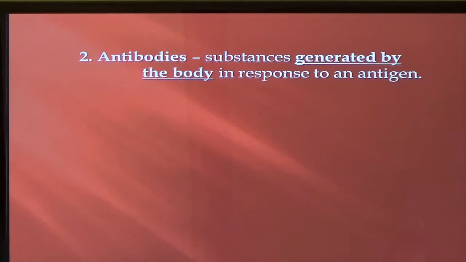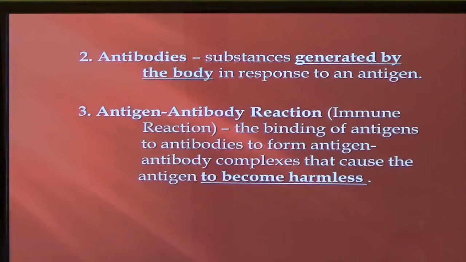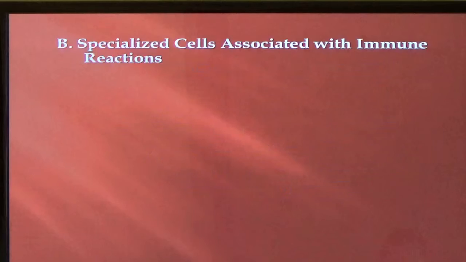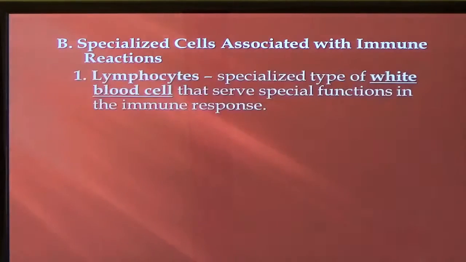So when you get the hepatitis B vaccine, then your body starts to produce antibodies against it. And it makes this antigen-antibody reaction, which is the binding of antigens and antibodies to form an antibody complex, which then becomes harmless. So you get them to join up, and then the antigen can't cause any harm. There's certain cells that cause these.